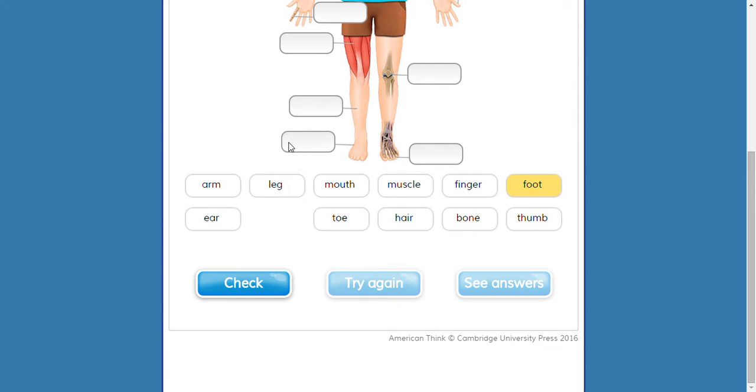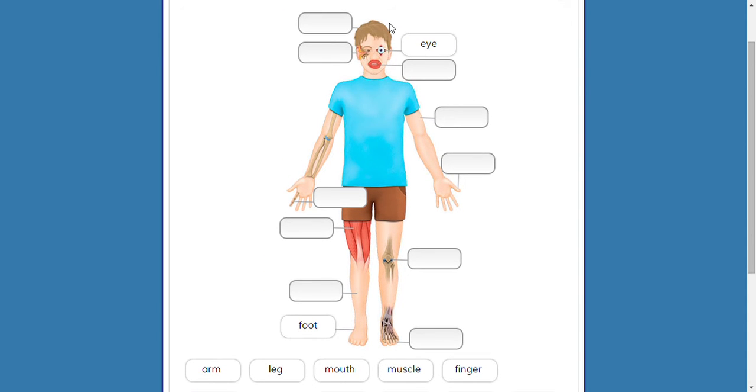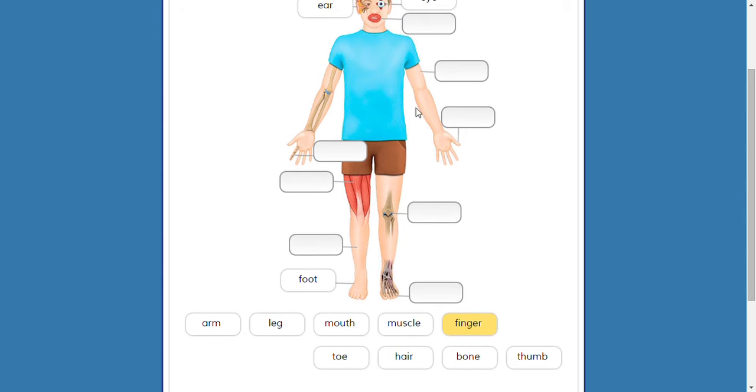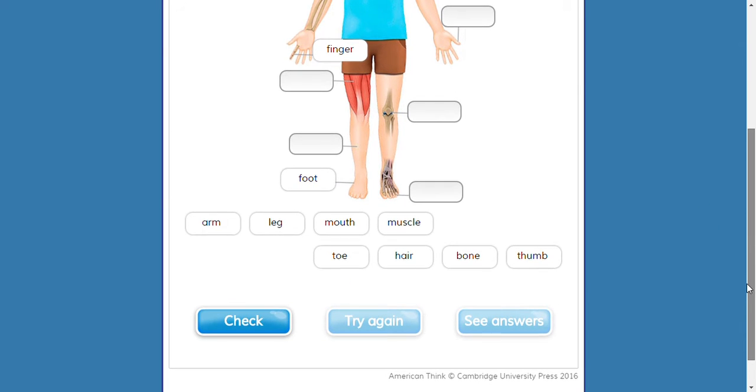Okay, foot. If I say ear, ear. Yes, it's here, ear. One more. If I say finger, finger. Let's see, is it here or there? Here, fingers.